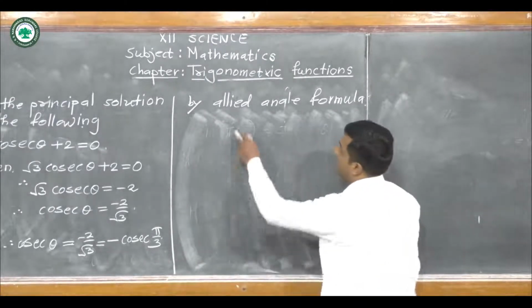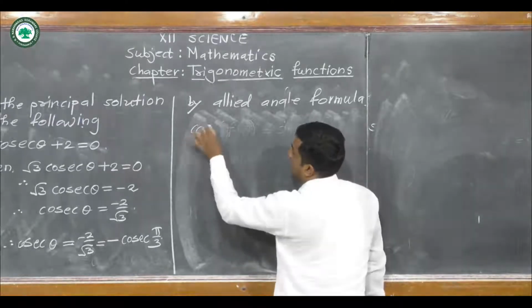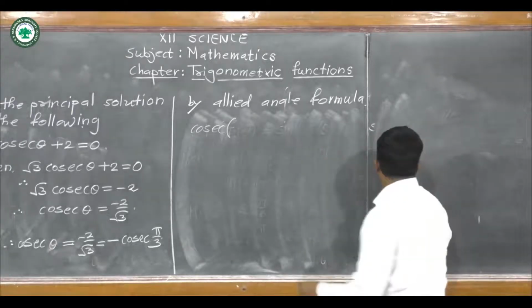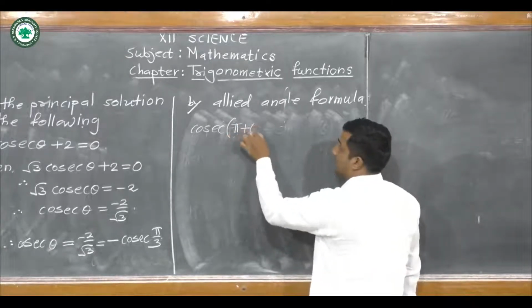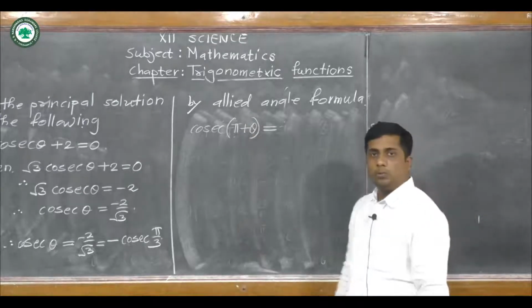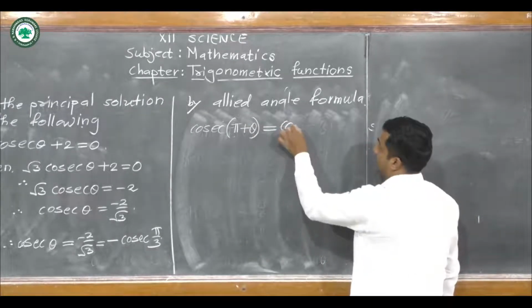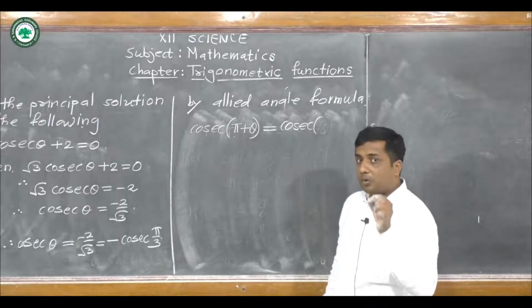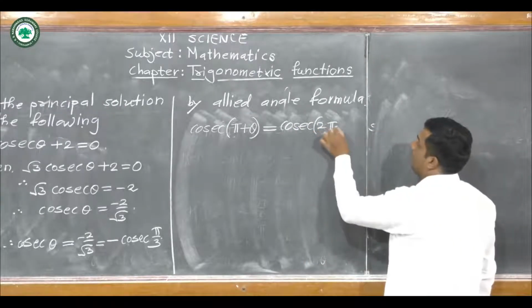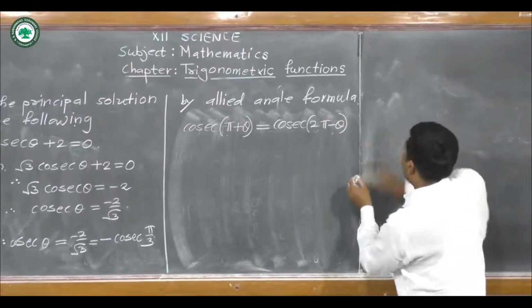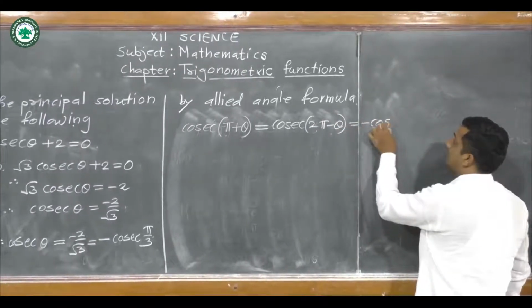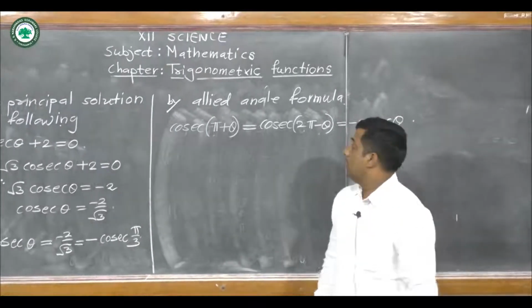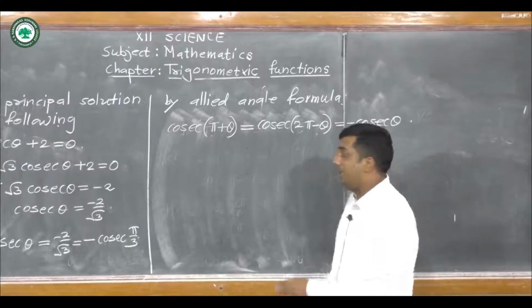So by using allied angle form, here I write cosec into bracket, allied angle from the third quadrant is pi plus theta, next cosec, from fourth quadrant we consider allied angle 2 pi minus theta, and this is equal to minus cosec theta. Okay, now we consider this first, cosec pi plus theta.